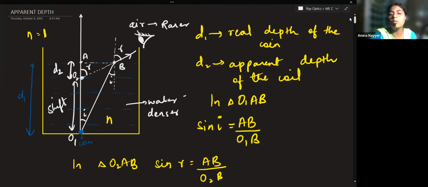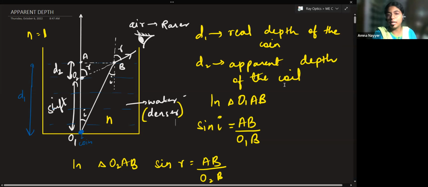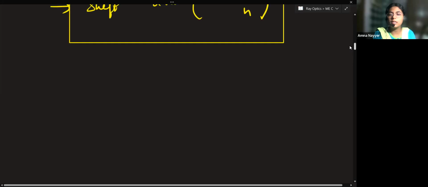But this is not always possible. This was possible because our object was inside the denser medium. So if light rays travel from denser to rarer, your real depth becomes greater than apparent depth. I'll write this down because this is important for your theory part.